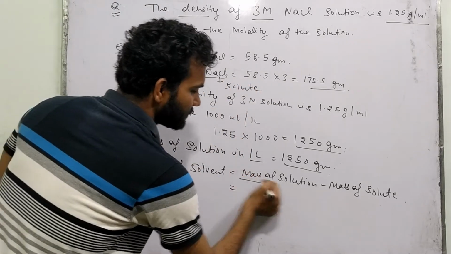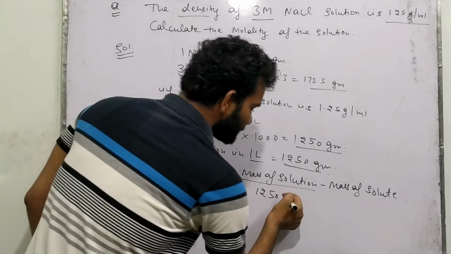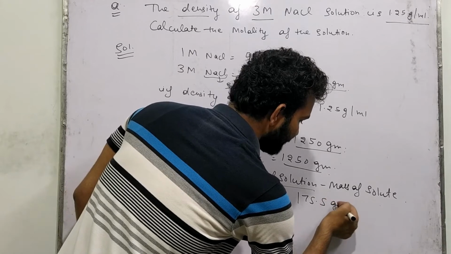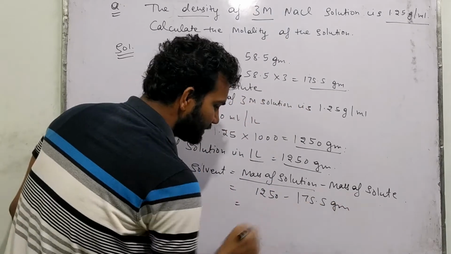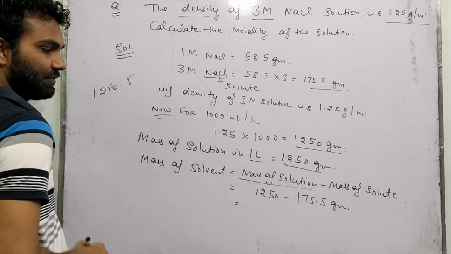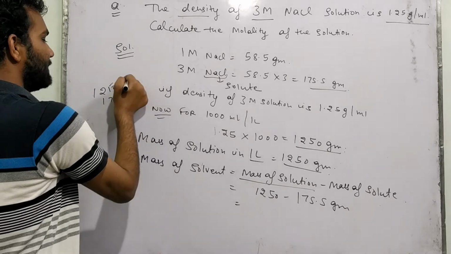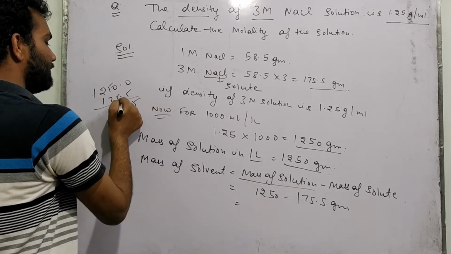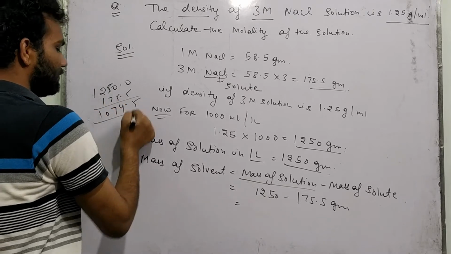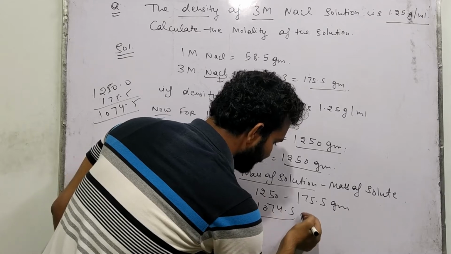Now mass of solution is 1250. Mass of solute is 175.5 gram. Now you can see that is nearly around 1250.5. Sorry, 175.5. That is 0.54701. 1074.5 gram.